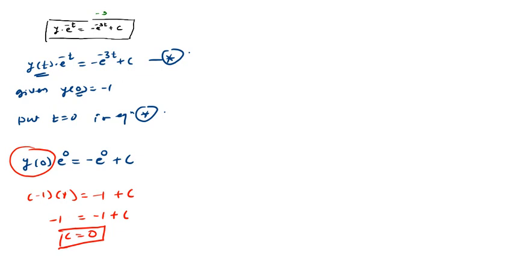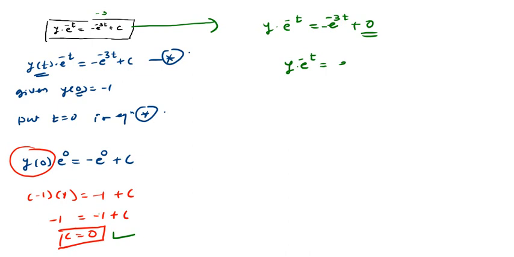So finally we get our solution by putting c equal to 0. That will be y times e to the power minus t equals minus e raised to minus 3t plus 0. So our solution is e to the power minus t times y equals minus e raised to minus 3t. You can simplify this.